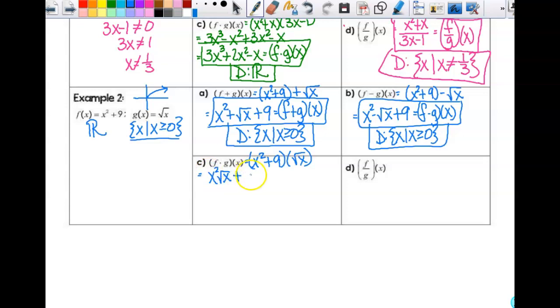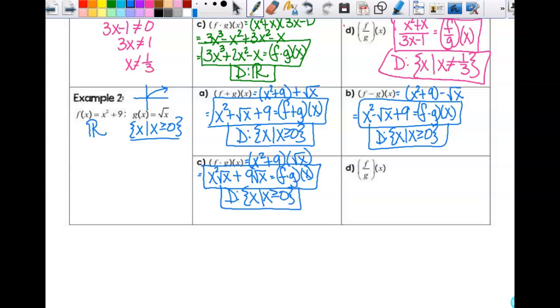Plus 9 times the square root of x is 9 times the square root of x. That's all I can do. So that is equal to f times g of x. And my domain then, the set of all x's such that x is greater than or equal to 0.